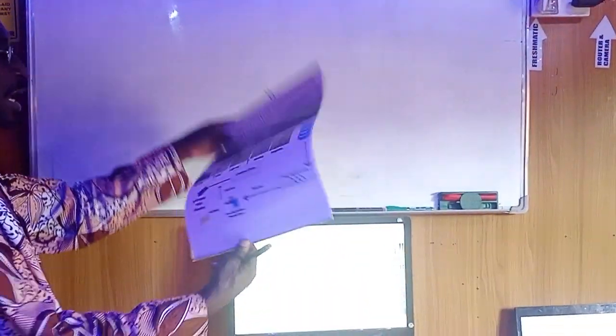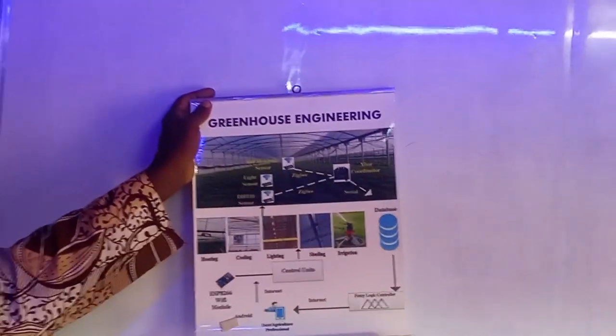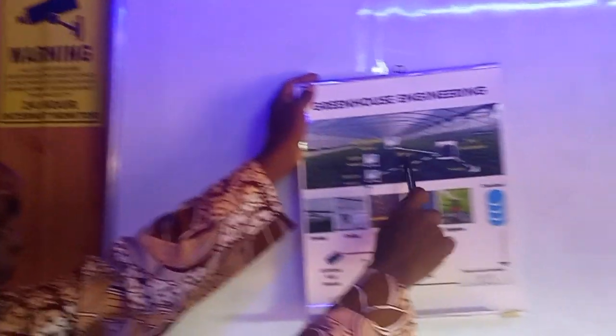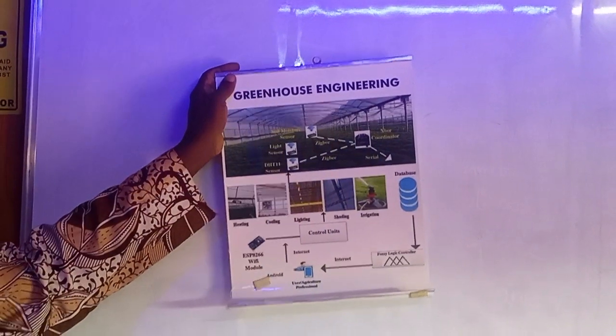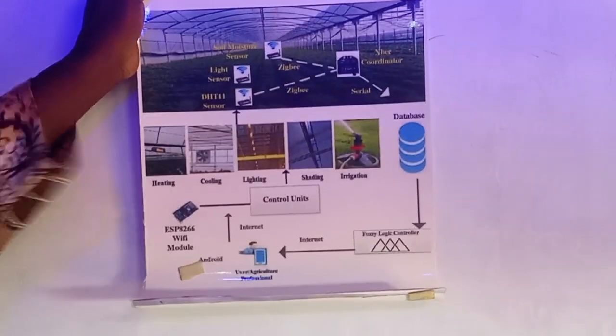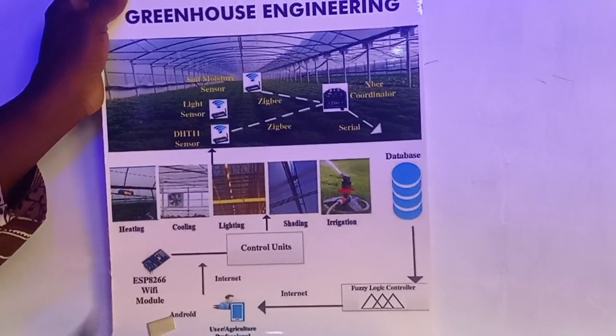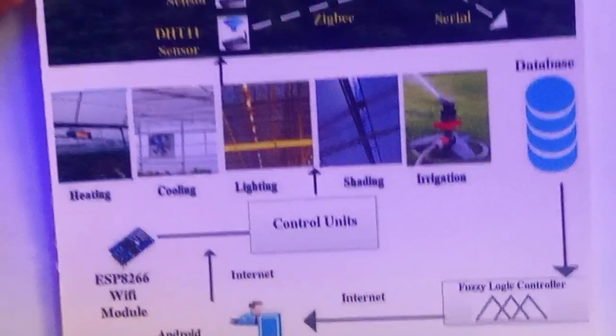I'll also show you the use of artificial intelligence in greenhouse engineering. So this is the cloud coordinator. From here you distribute and do the heating, the cooling, the lighting, the shading, the irrigation, and all these things are from the control units.